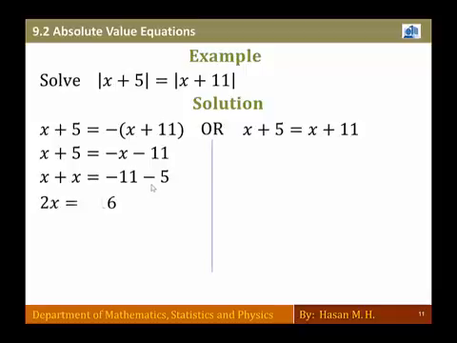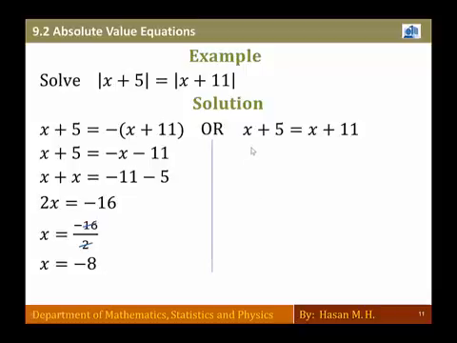We will have 2x equals negative 16. Divide each side by 2. We will have x equals negative 16 over 2, which is equal to negative 8.